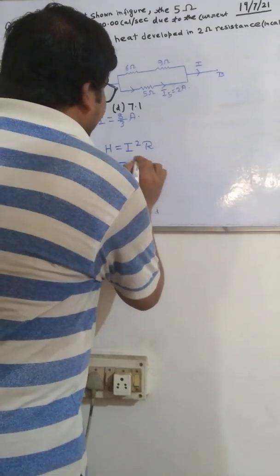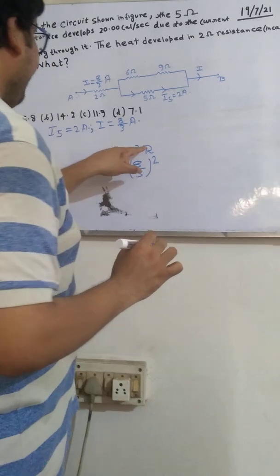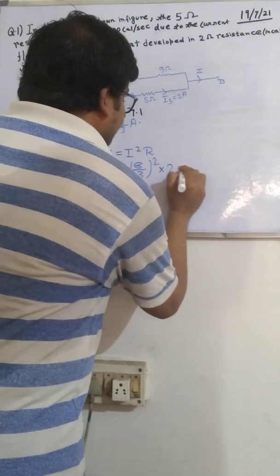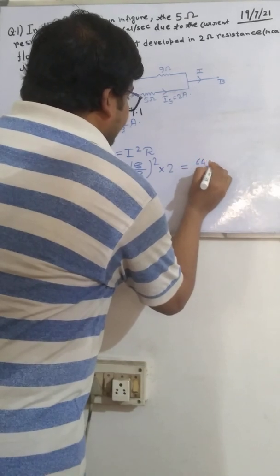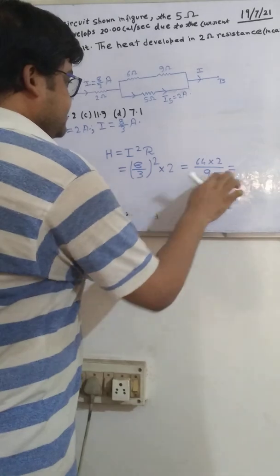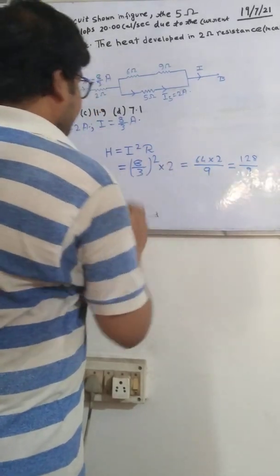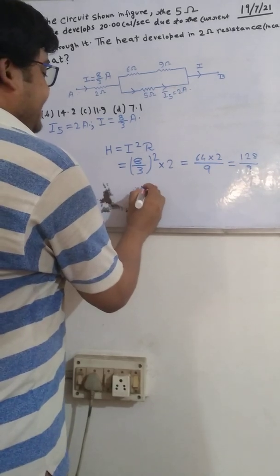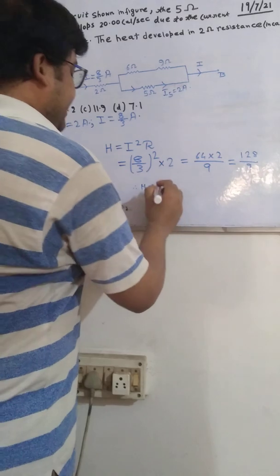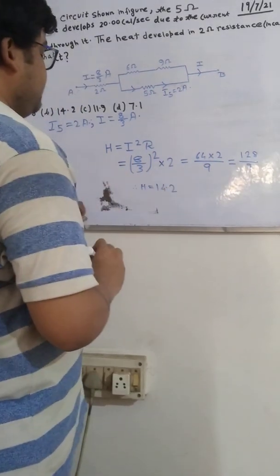That is 8 by 3 whole square into the corresponding resistance, that is 2. So it comes out to be 64 into 2 by 9, that is 128 by 9. If you simplify it, you will get H is equals to 14.2.